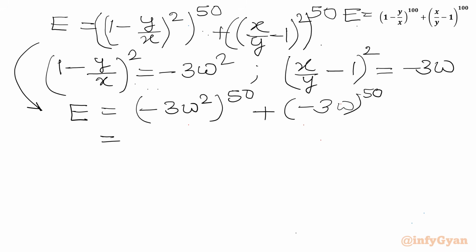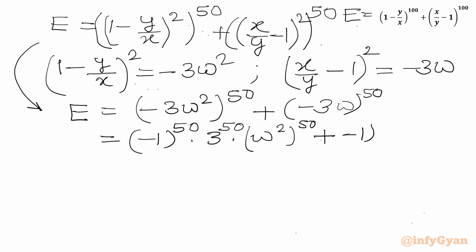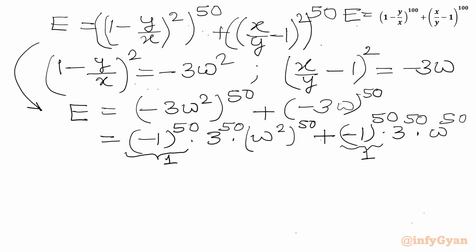Now we can use the exponent law. We can write minus 1 power 50 times 3 power 50 times omega square power 50 plus minus 1 power 50 times 3 power 50 times omega power 50. Now minus 1 to an even power, the value will be 1. 3 power 50 is common, so we will write 3 power 50 common.